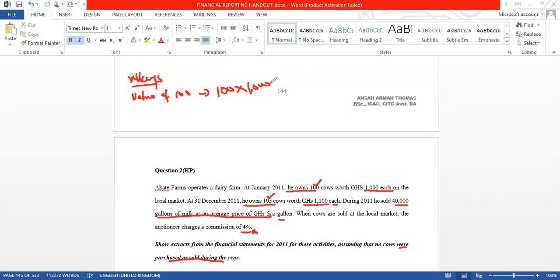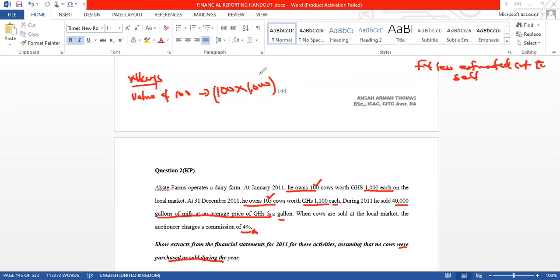Now, this is going to give us our 100%. What is the fair value less cost? Remember it is fair value less estimated costs to sell. What is the cost to sell? The cost to sell is the 4% that we are seeing here. All right. So be very, very careful of that.